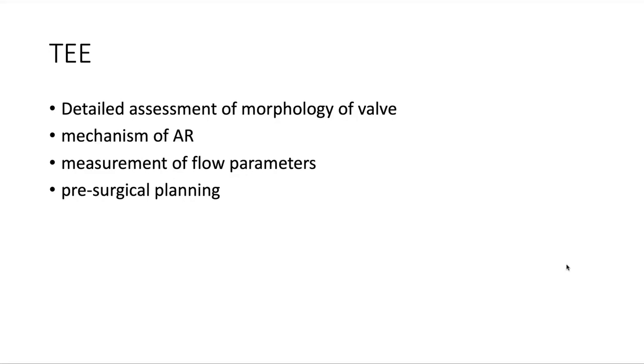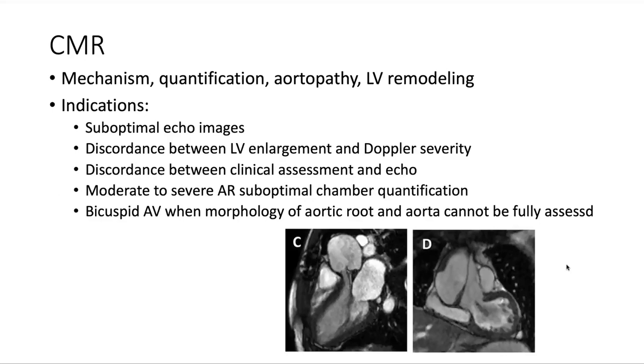Maybe there's a history consistent with infective endocarditis; it's going to push you to look for this. Also measurement of flow parameters, and of course pre-surgical planning. Especially if the clinical or physical exam are out of keeping with your TTE, you may want to consider moving to a TEE sooner.